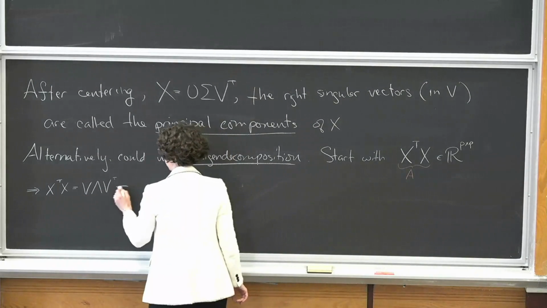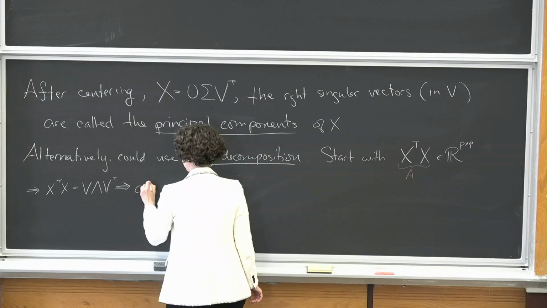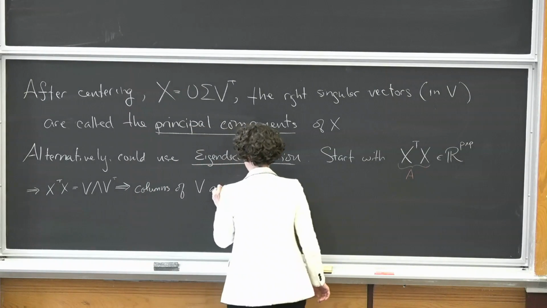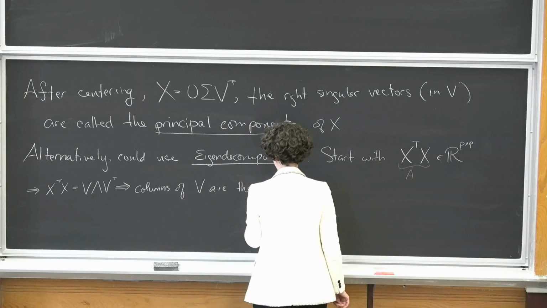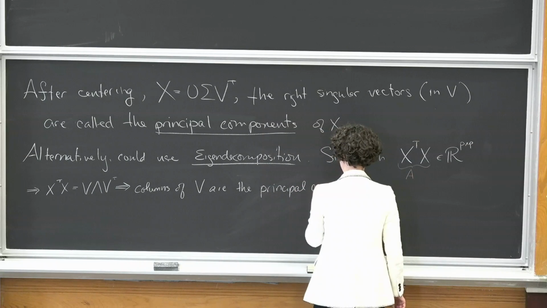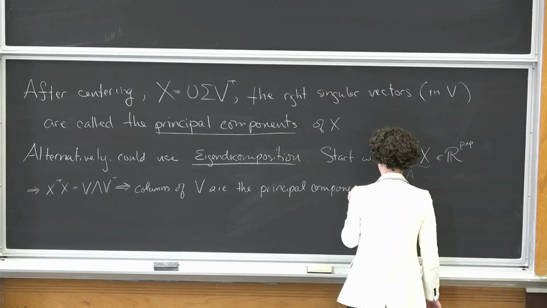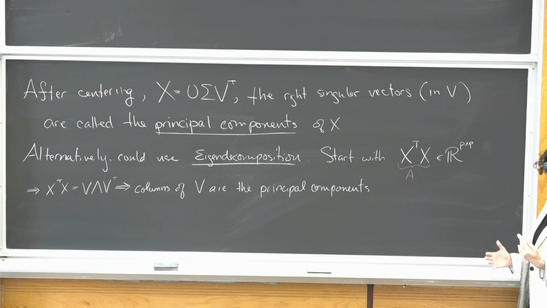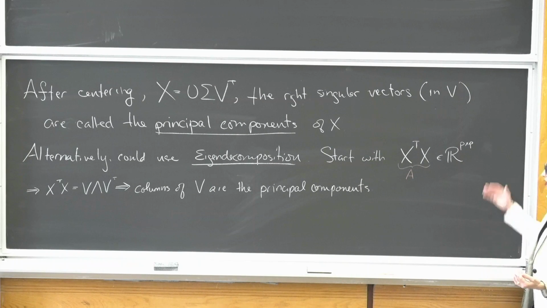And then they will say that the columns of V are the principal components. Okay, so it perhaps is not obvious that these two things are equivalent.